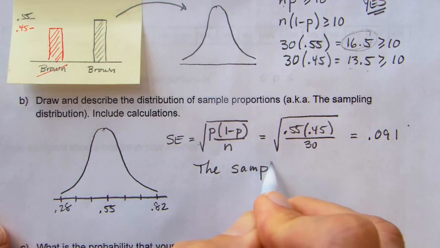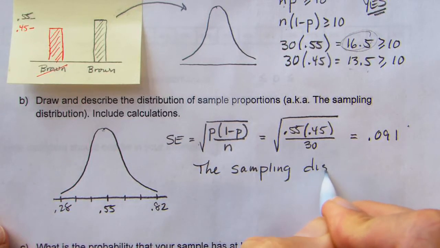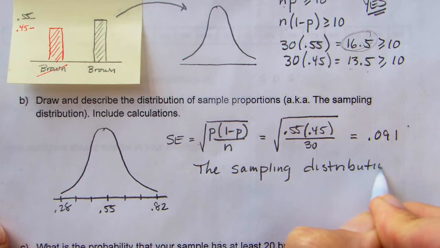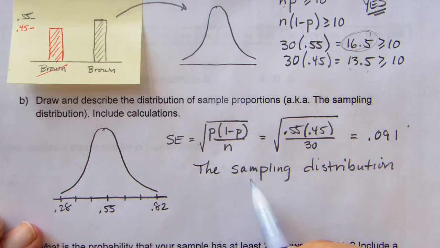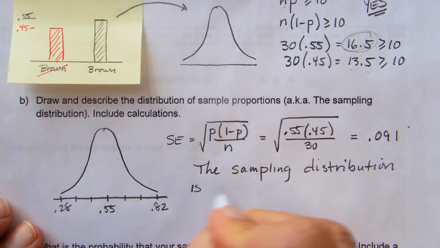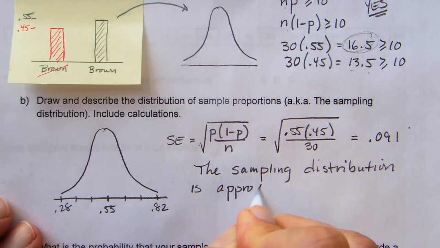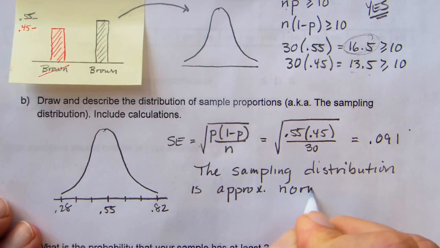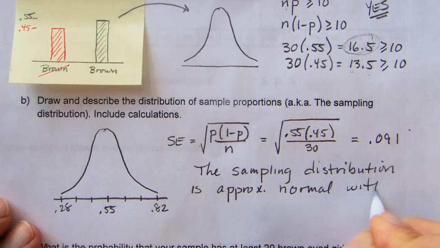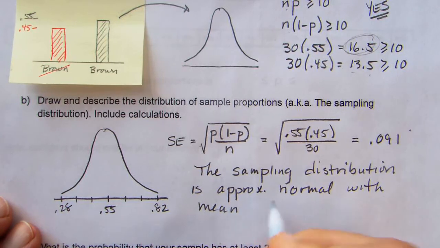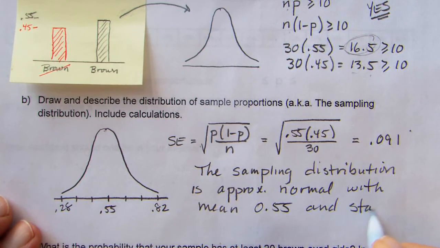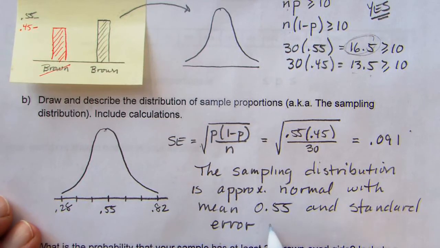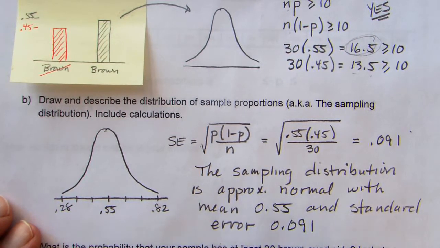In words, the sampling distribution, or if you want to be more formal, the distribution of sample proportions, is approximately normal with mean 0.55 and standard error 0.091.